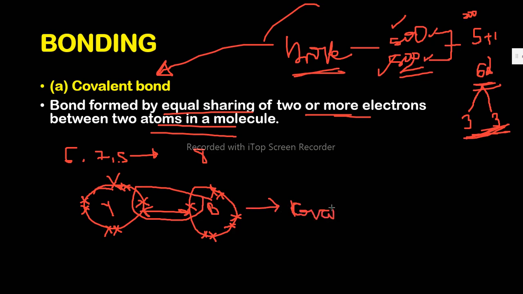That's why it is called co. Okay, you know co-wives, co-husbands. I've never had a co-husband, but co-wives. So co comes from sharing. Co means sharing, and you are sharing the valence electrons. So basically it is as simple as that.